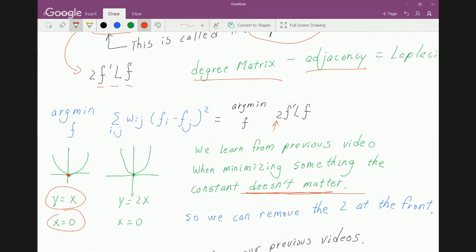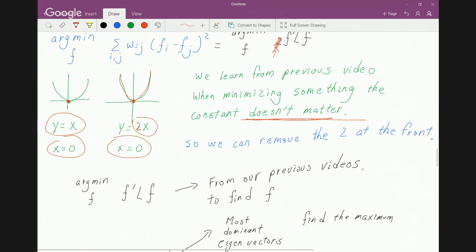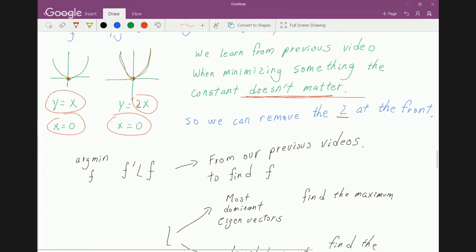And it doesn't matter if you put a constant here. See the constant? Now it's 2x. The x is still 0 where the minimum is. So when you're looking at minimums, we can just neglect this. And now that further simplifies it. We can remove the 2 at the front to further simplify into this expression.